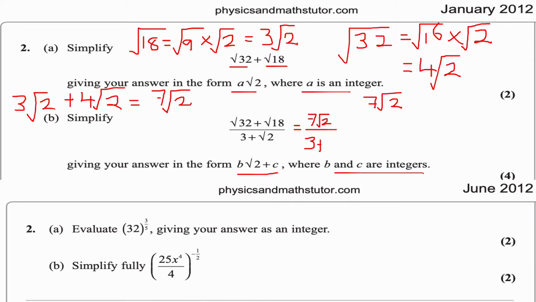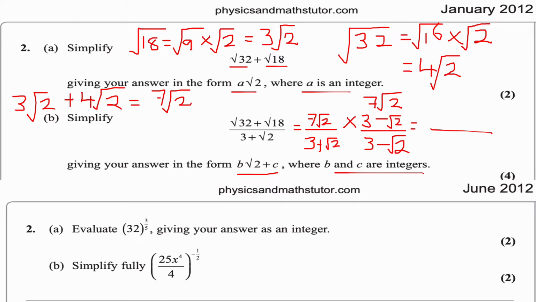Now, I'm going to multiply top and bottom by its conjugate. I'm going to multiply by 3 minus root 2 over 3 minus root 2, guys. And the reason for that, guys, is that we get the difference of 2 squares on our denominator, and it just gets rid of the surds on the bottom part of my fraction.